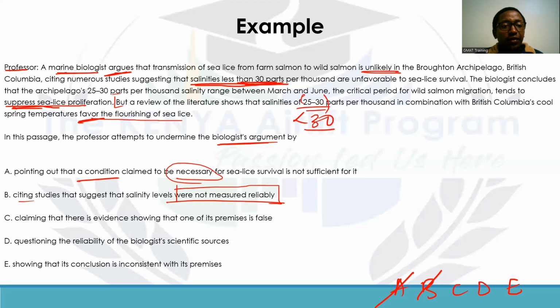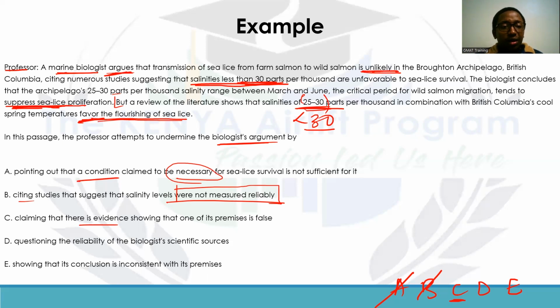But the evidence that the professor presents is that in reviews, these same salinities that the marine biologist mentioned, and another factor, the spring temperatures, favor the flourishing of sea lice. So this directly contradicts one of the premises here. So this is actually okay. It is from this premise that the marine biologist formed the argument that the transmission is unlikely in this area.